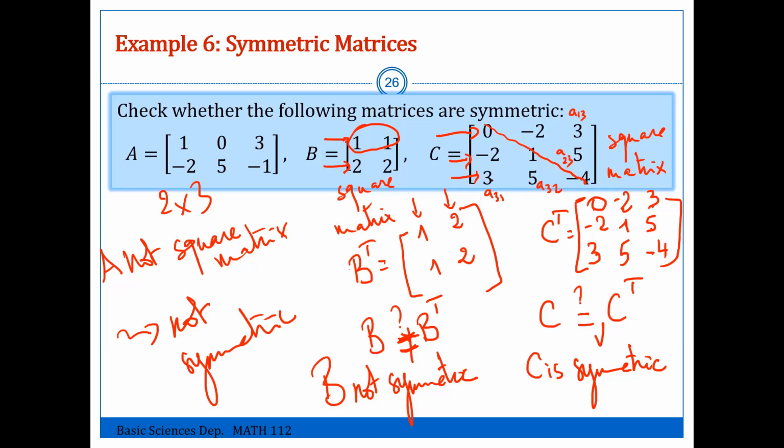So switching i and j doesn't change the element. This is what we call a symmetric matrix, when a_ij equals a_ji. And we can show it using the transpose.